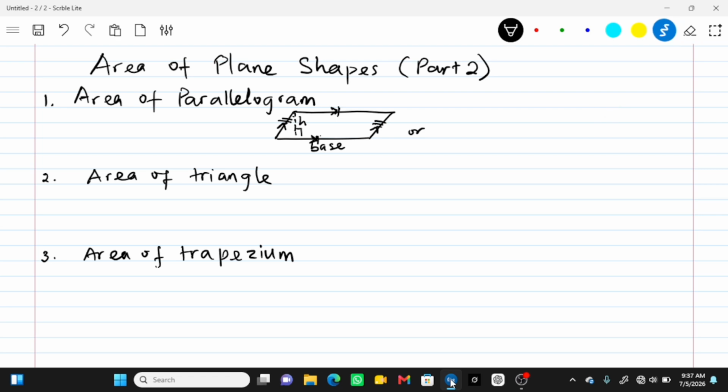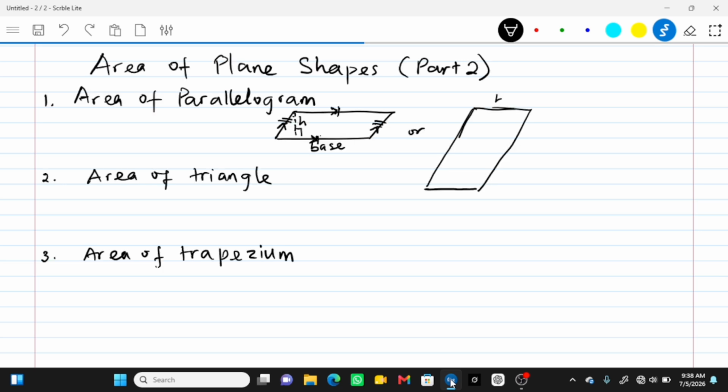Sometimes the parallelogram may also look like this. So that's also a parallelogram. And then you may have the vertical height this way, and probably here is now the base, and also here, base.